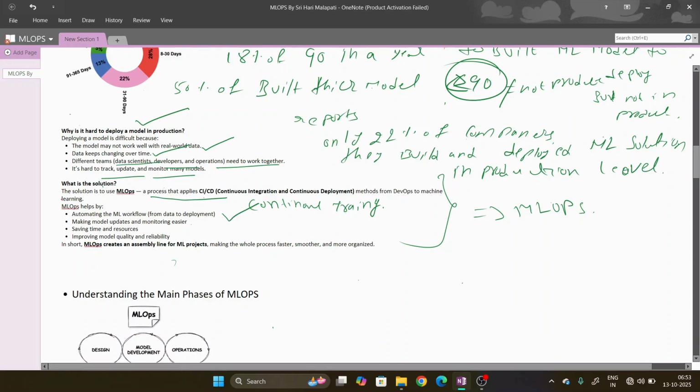Second one, making model updates and monitoring easier, saving time and resources, improving model quality and reliability. In short, MLOps creates an assembly line for ML projects, making the whole process faster, smoother, and more organized.